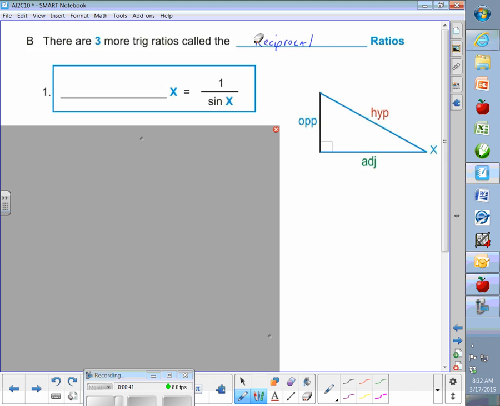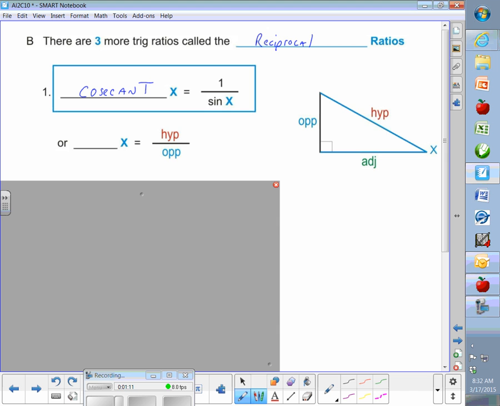All right, so the first one, if you look here, is the inverse or the reciprocal of the sine. Again, you would have had these in geometry. Whether or not you remember them is the question. This is the cosecant. The cosecant of x equals 1 over the sine of x.